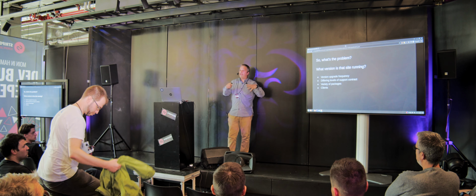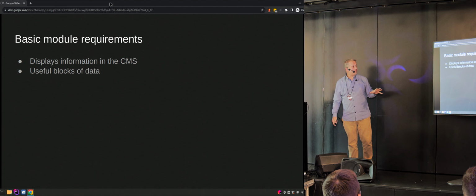So we started off with a set of basic module requirements. We wanted something that would display information in the CMS, so that you didn't need to go digging around in some file or in some repository. You just want something that anybody who's got CMS access can look at and see exactly what they want to see. It should be succinct in useful blocks of data.